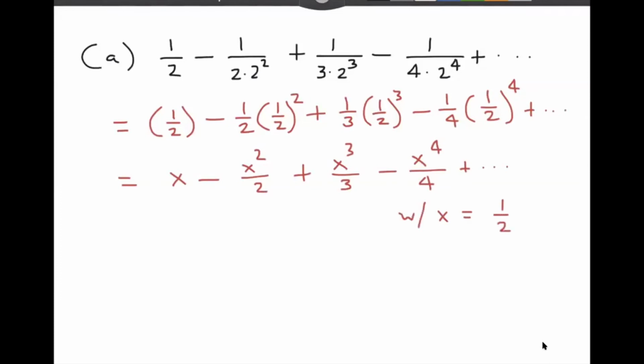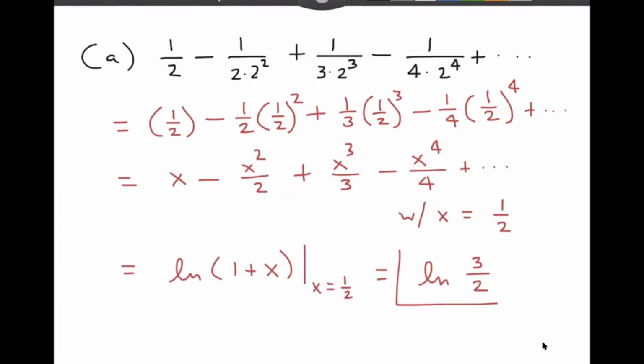The series that you're looking at here is the series for natural log of 1 plus x. So that means we want to replace that x with 1/2, and it turns out that this series converges to the natural log of 3/2. It's kind of cool. Right up until now, the only types of series that we've been able to find the exact sum of are geometric series and telescoping series.